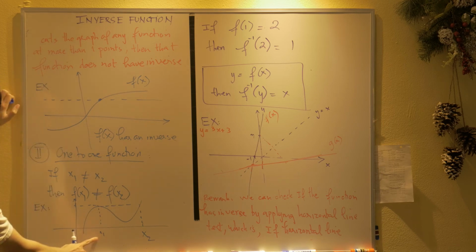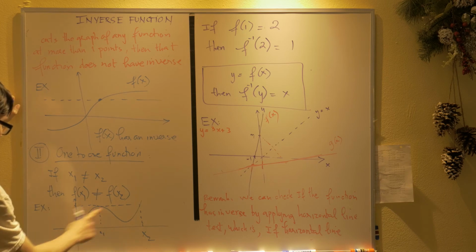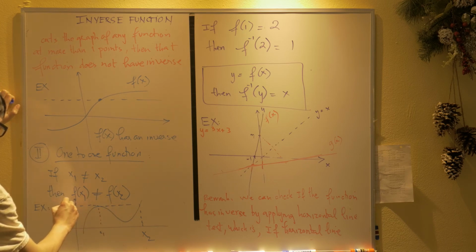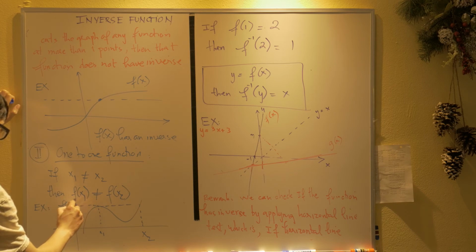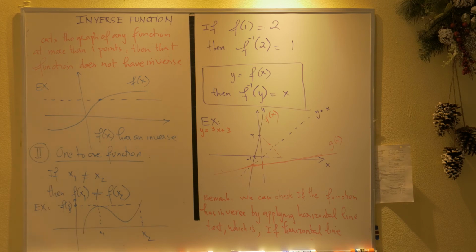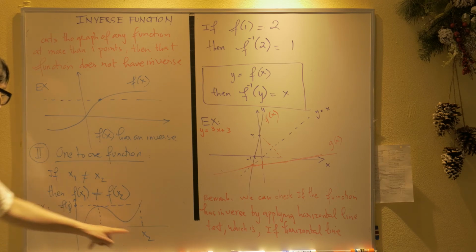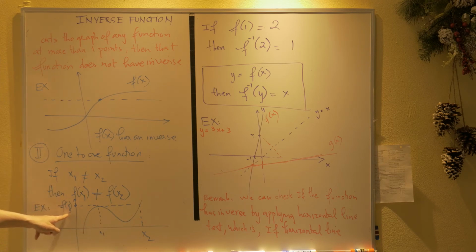So you see that x1 gives you f(x1). x1 is different from x2, but the output is the same thing as f(x) right here. I call that f(x3), for example. So you see this one doesn't have an inverse function, because x1 is different from x2, but x1 also gives you f(x3), and x2 also gives you f(x3). They give you the same thing. So that's why this function here doesn't have an inverse.